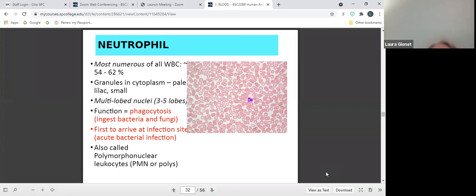They can ingest bacteria before they die off, but they can also ingest fungi. They're the first to arrive and to elevate in a bacterial infection, so that's good to know. If you see them elevated, then you know that you have a bacterial infection going on. They're also called polymorphonuclear leukocytes, so they have that multi-lobed appearance.